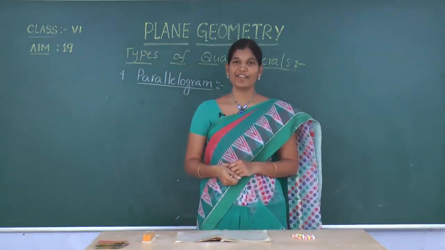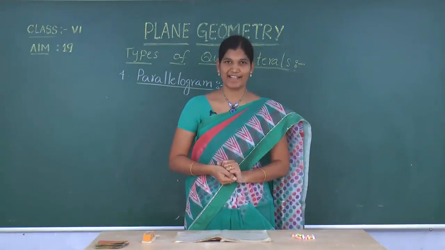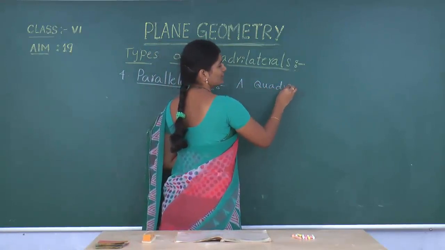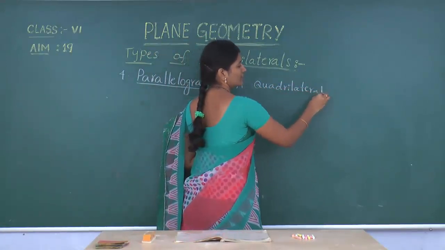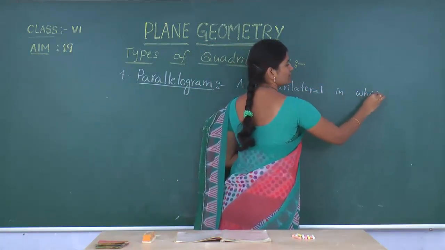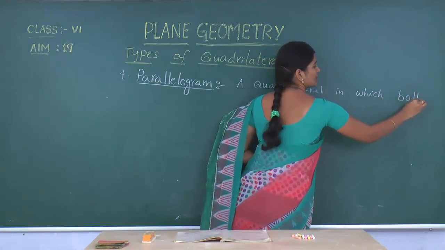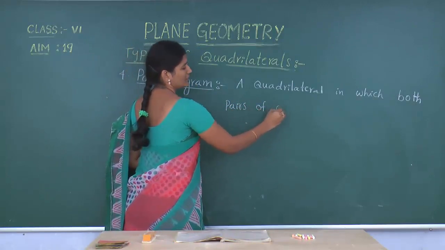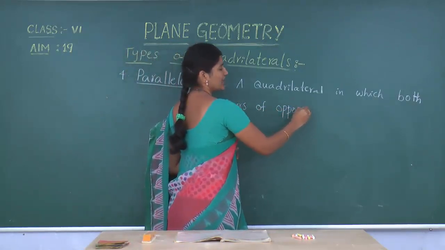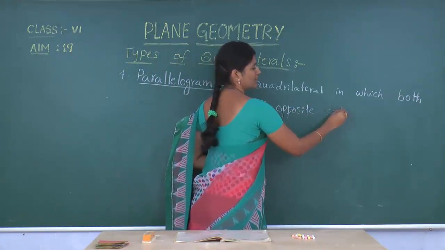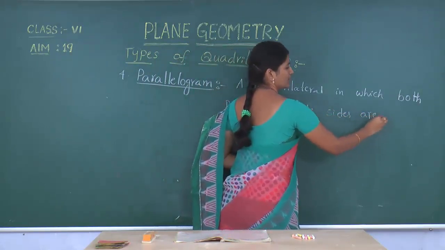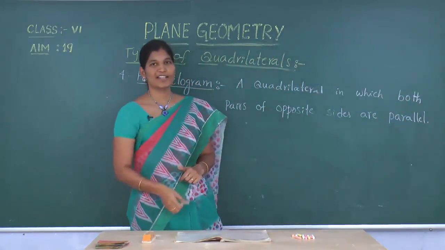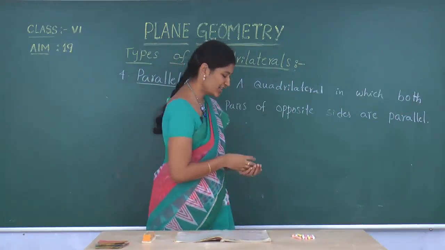A quadrilateral in which both pairs of opposite sides are parallel. Then that quadrilateral is called a parallelogram. Let me draw the parallelogram now.